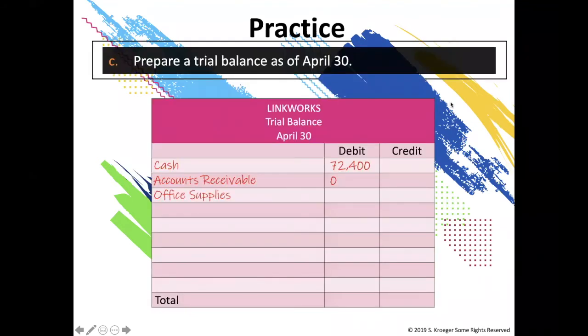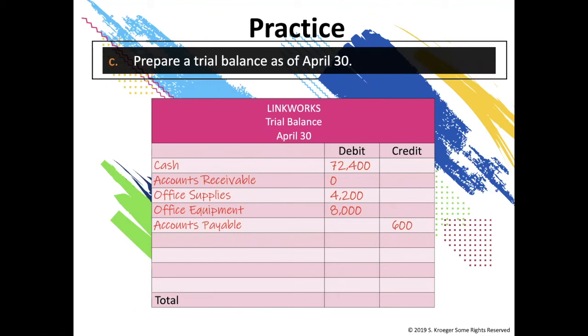The first account we have is office supplies with a debit balance of $4,200. Next, we have office equipment with a debit balance of $8,000. Next, we have the accounts payable, which is the liability account with a credit balance. We will list accounts payable, and we just move our balance to the credit column instead of the debit column because accounts payable has a credit balance.